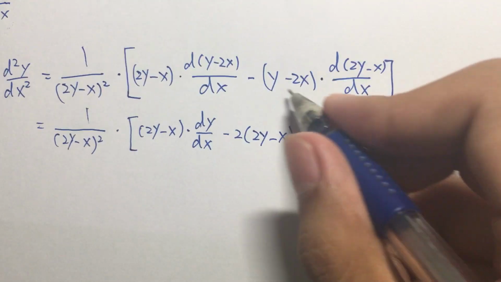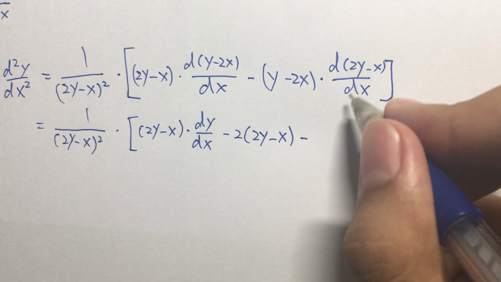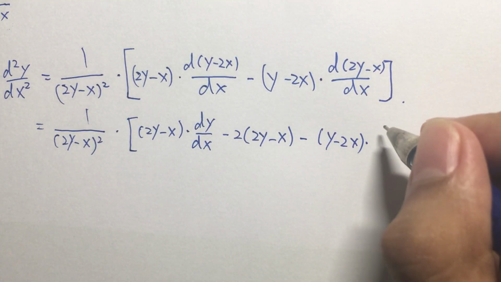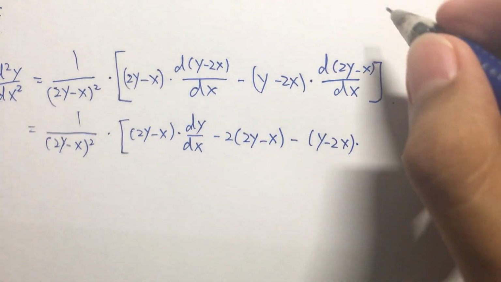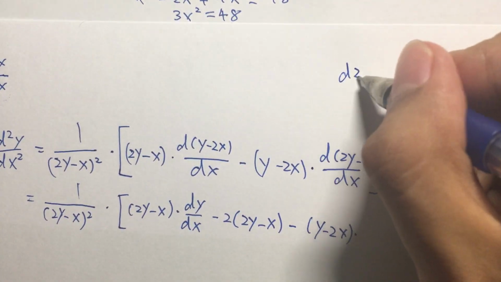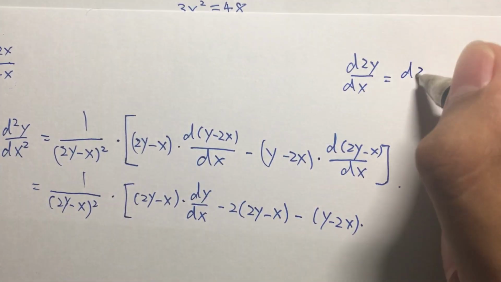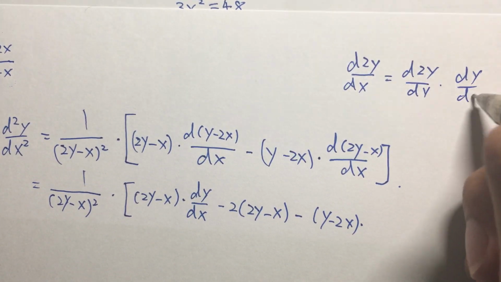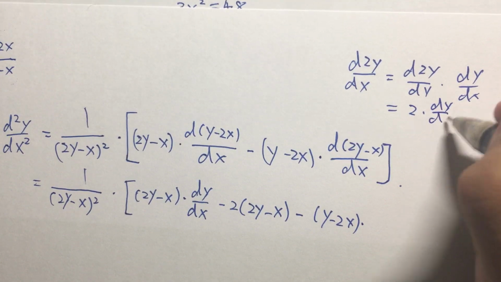And for this part, minus, we have (y minus 2x) times d(2y) over dx, which is 2 times dy over dx.